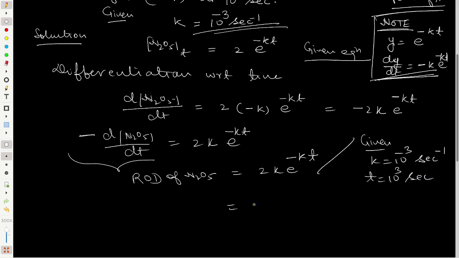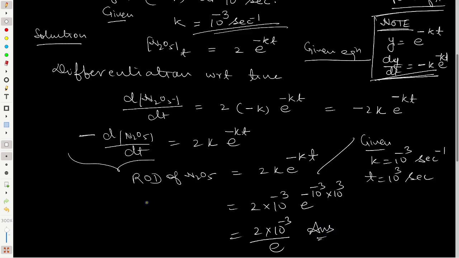So put these values: 2 into 10 to the power minus 3 and e to the power minus k t. The k value is 10 to the power minus 3, the time value is 10 to the power 3. So you can say 2 into 10 to the power minus 3 divided by e. This is the one answer.